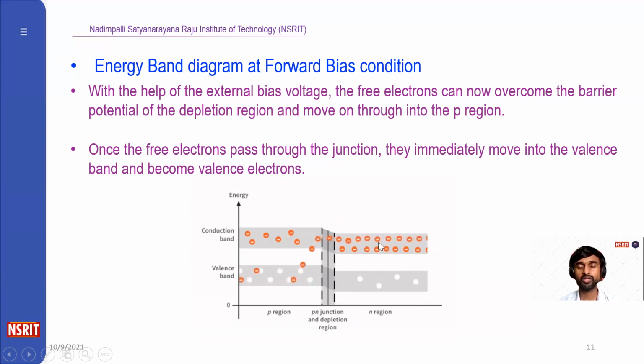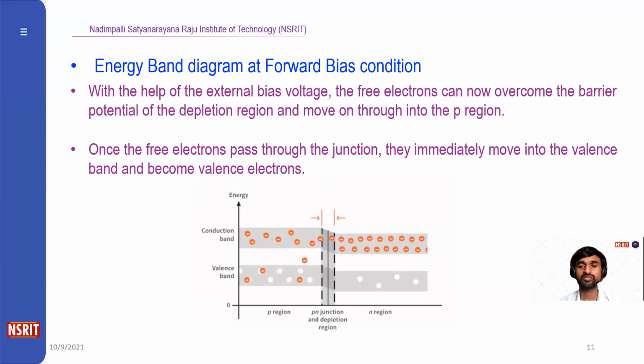But as you can see over here, when the electrons from the N region, which are in the conduction band, cross over to the P region, they drop a certain amount of energy and they are pushed into the valence band.